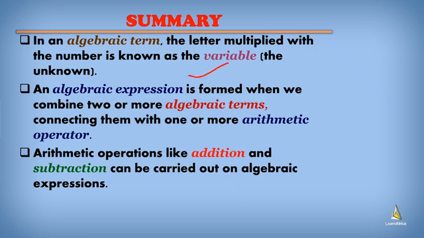Also, we learned that an algebraic expression is formed when we combine two or more algebraic terms, connecting them with one or more arithmetic operator. And finally, we learned that arithmetic operations like addition and subtraction can be carried out on algebraic expressions.